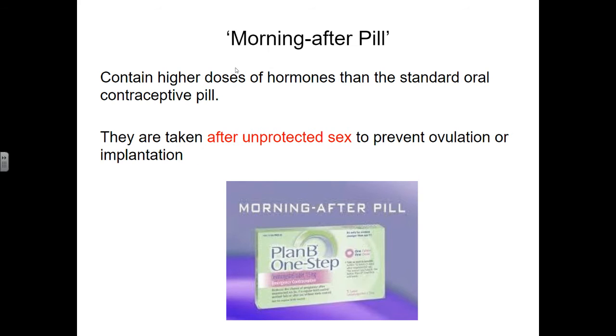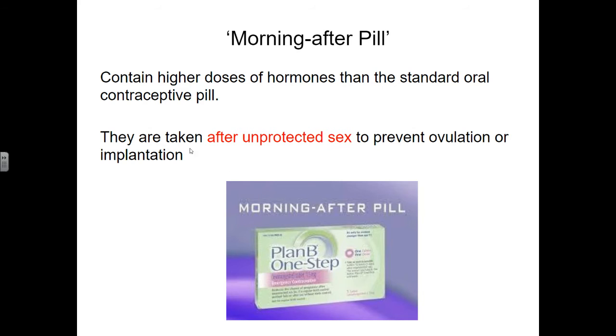The morning after pill, so this is technically a form of contraception, it contains a very high dose of the hormones in the oral contraceptive pill, the OCP, so your estrogen and progesterone. So you're really, really doubling down on not being able to allow ovulation. They're taken after unprotected sex to prevent ovulation or implantation.